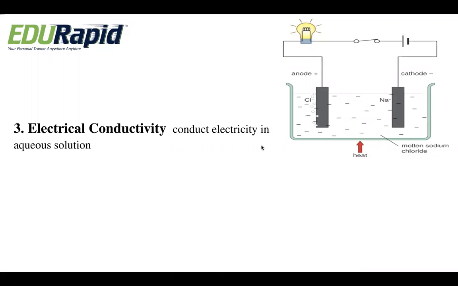So what can we infer from this experiment? We can infer that ionic compounds are good conductors of electricity. We have taken sodium chloride, which is an ionic compound.